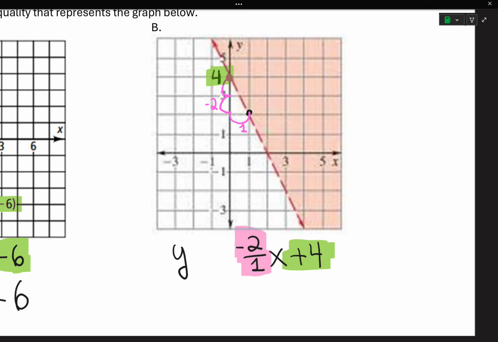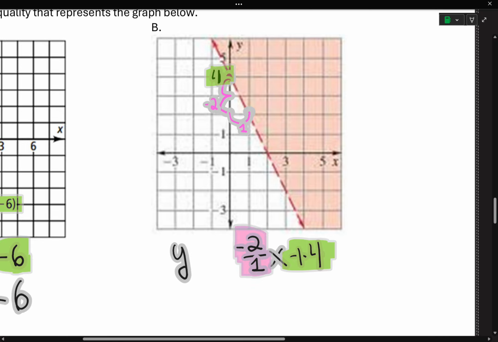That's fine. Let's decide on our symbol. Our line. Is it dashed or solid? In this case, it's a dashed line, which means our symbol will not have a line underneath it. Now we need to decide whether it's greater than or less than. So let's take a look at the y-intercept and see where the shading is in relation to the y-intercept.